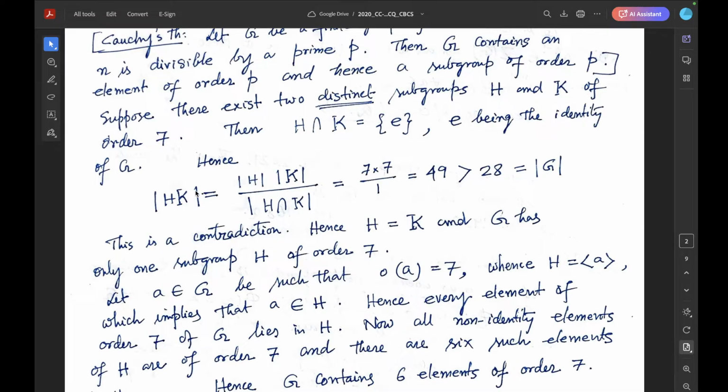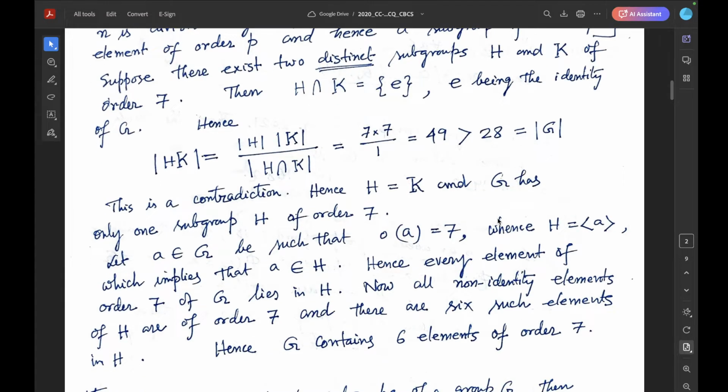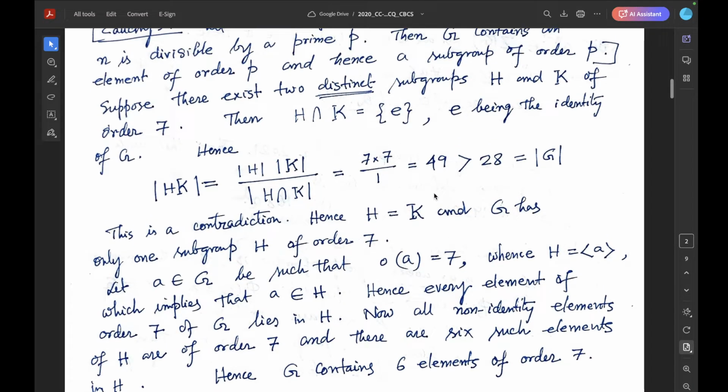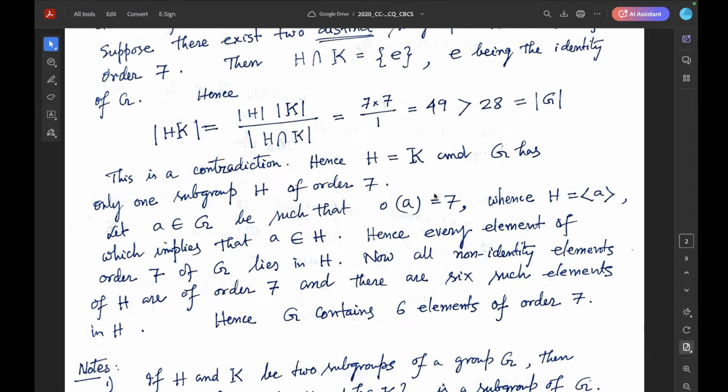So this order of HK is 49, which is greater than 28, the order of the group. So it is a contradiction. Hence H equal to K. So G has only one subgroup H of order 7.